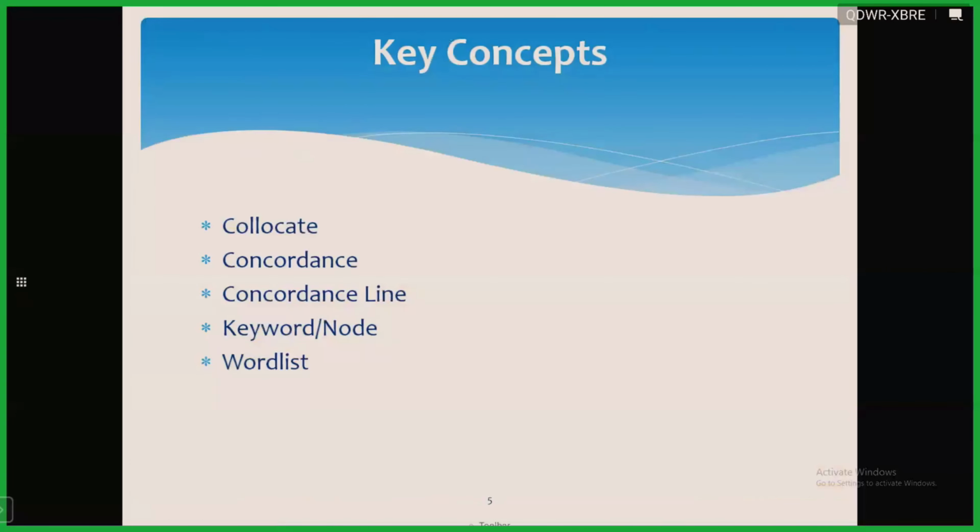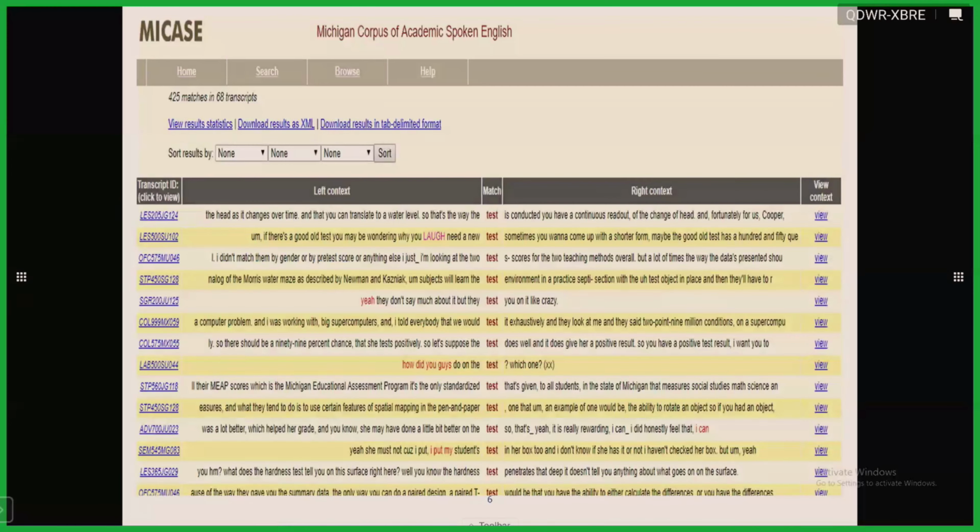Okay, our next term is concordance. The full view of this screen is called concordance, right? And one line is called a concordance line. When I talk about concordance, it means that I am talking about all the lines.